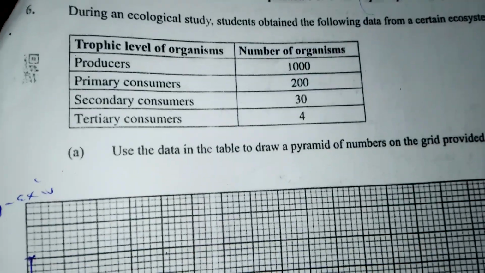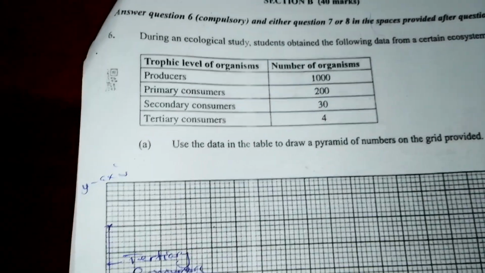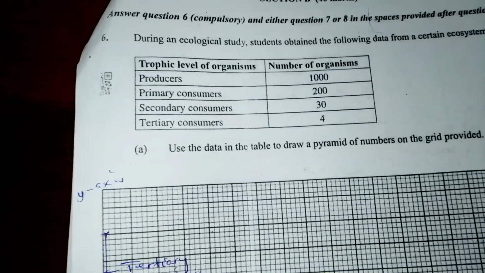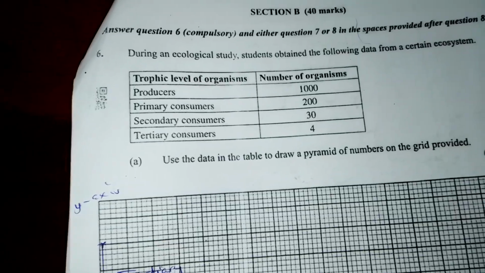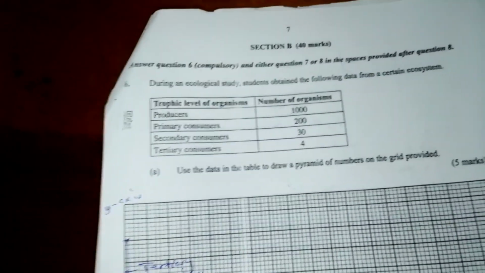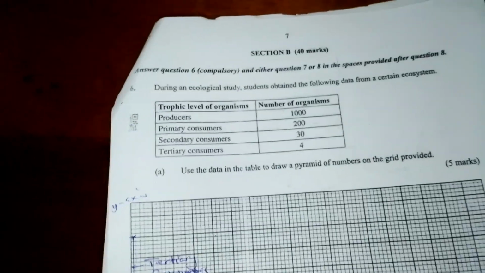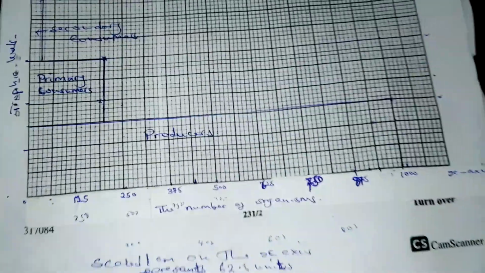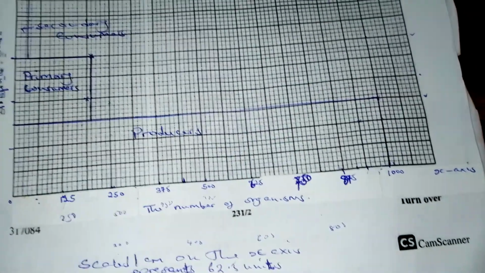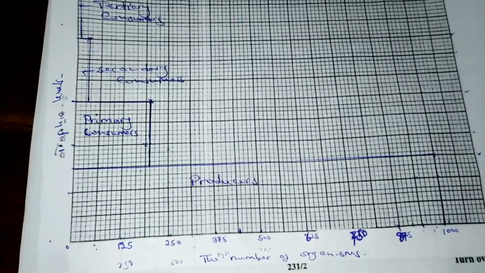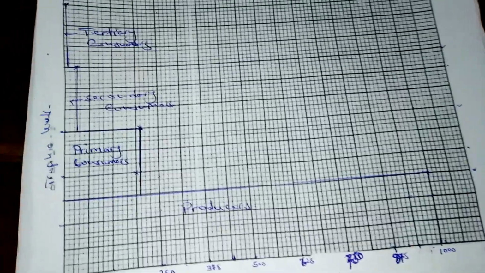You are supposed to name the axes. Like there, I've named the y-axis, it is 1 mark, and on the other side, I've named the x-axis. You can see it has been properly distributed.